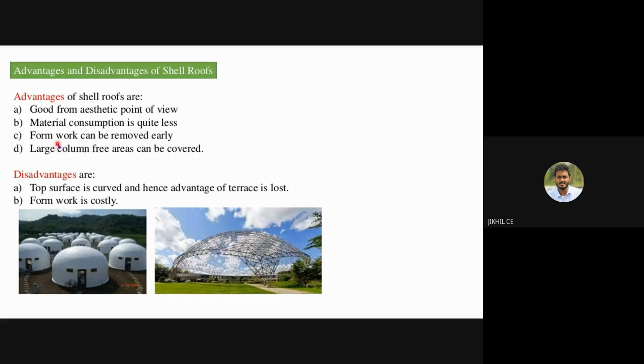Another advantage is that the formwork can be removed very early, because the member is mostly under membrane compression, so there won't be any bending in the shell. And very large column-free areas can be covered by shell roofs.